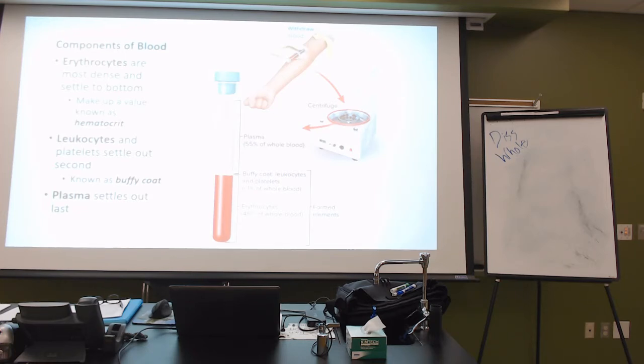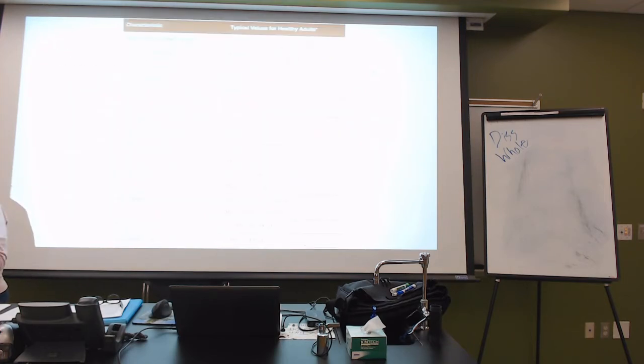Plasma comes out last and is a major part of the blood based upon your level of hydration. If you're not well hydrated, that would not be a good amount. Just saying, okay?